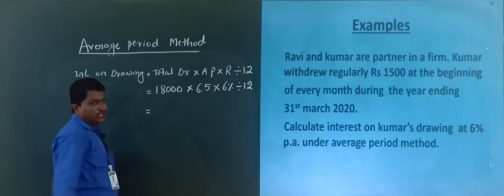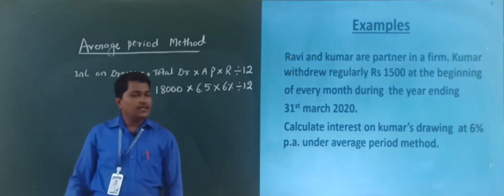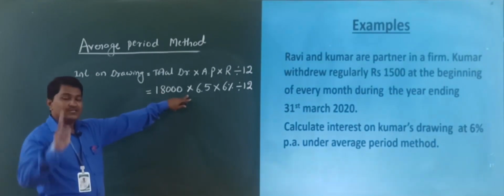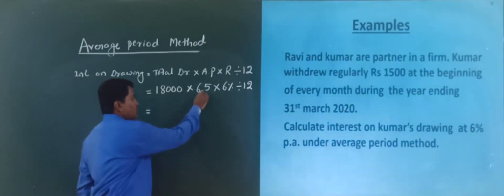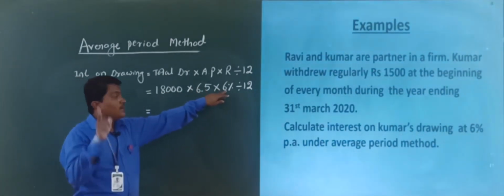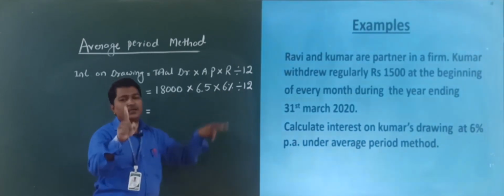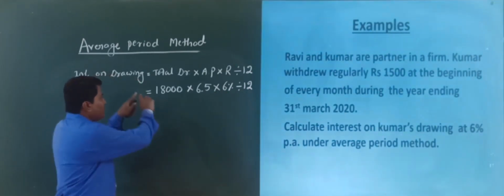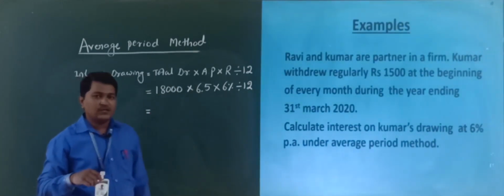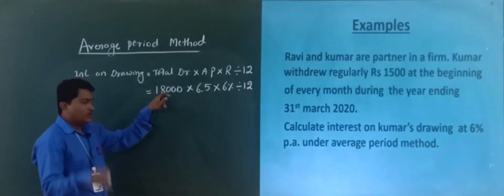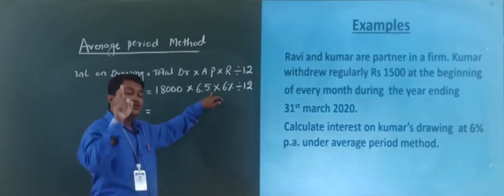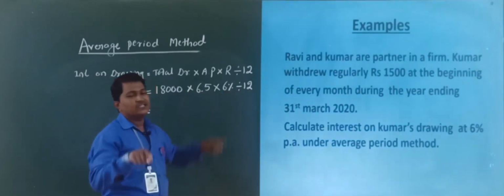So now by using a calculator, you please calculate this. 18,000 into 6.5 into 6% divided by 12. If you simplify this, what answer do you get? Yes, can somebody give me the answer? Yes, please calculate. 18,000 into 6.5 into 6% divided by 12.